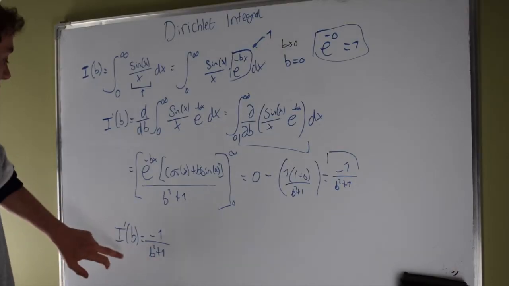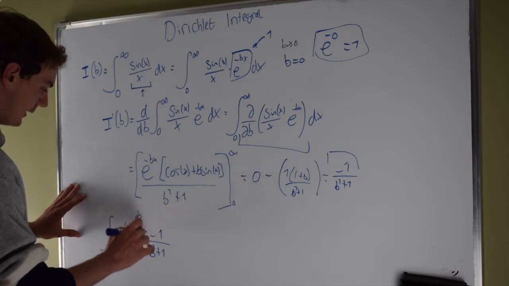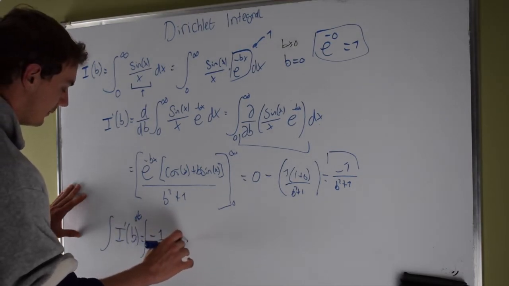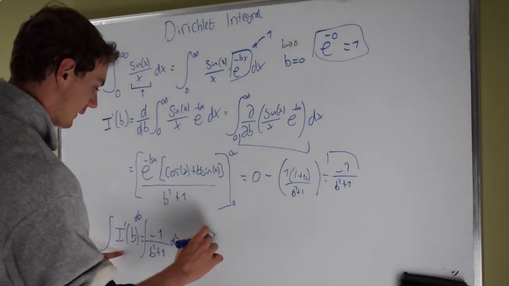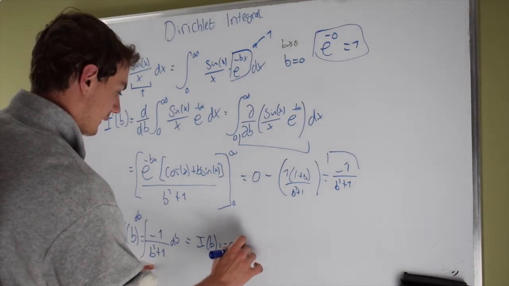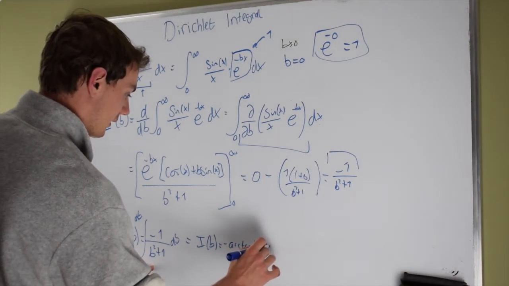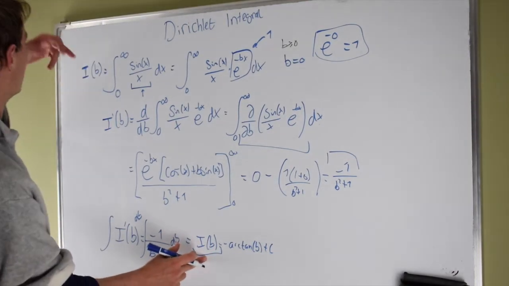Now what we can do is just integrate both sides. If we integrate this with respect to b and this with respect to b, we get that this is just I of b, and then this is minus arctan of b plus c. Now what you'll notice here is I of b is exactly the same as the original function.